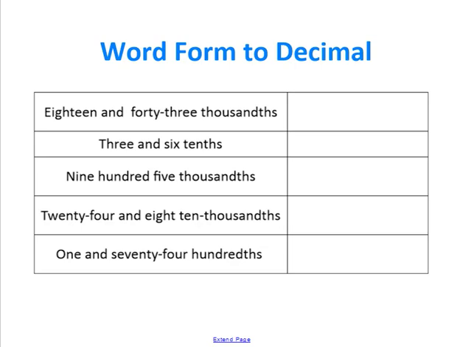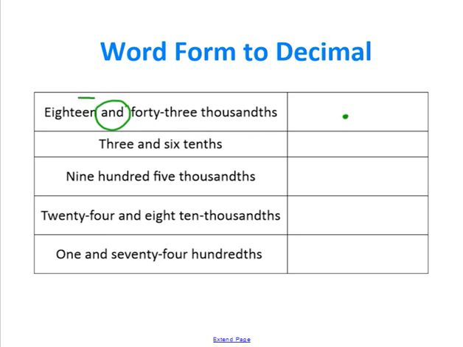All right, now the last thing we're going to do is the reverse of that. So what happens when I give you the word form, but I need you to give me the decimal? So what we're going to do is look at the first one here, 18 and 43 thousandths. The first thing I want you to do is find the word "and" and circle it. That's your decimal point. So put a decimal point.